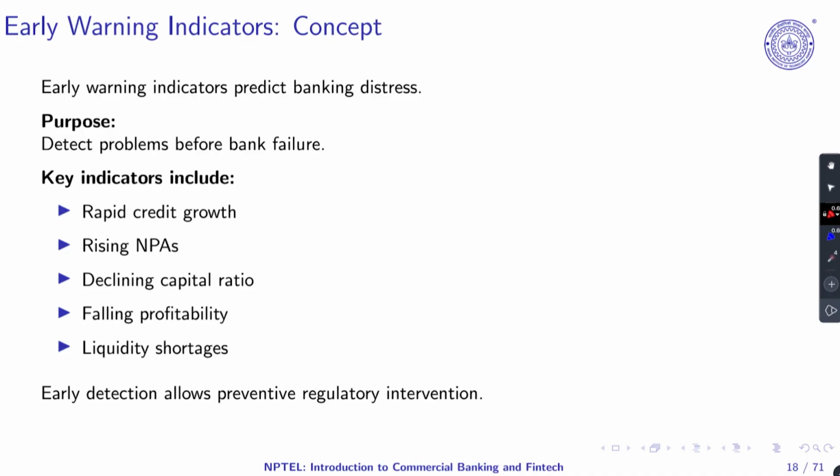So early warning indicators tell you how to detect the problem before banking failure, before a bank run. Key indicators include rapid credit growth, rising NPAs, declining capital ratios, falling profitability, and liquidity shortage.